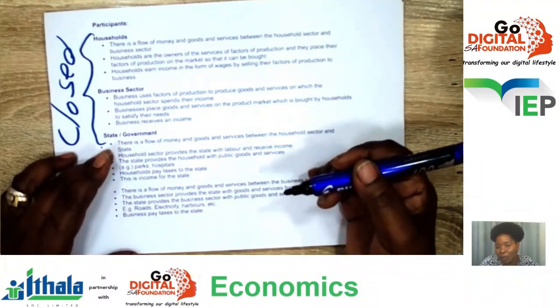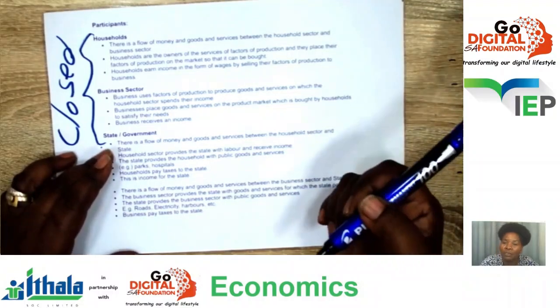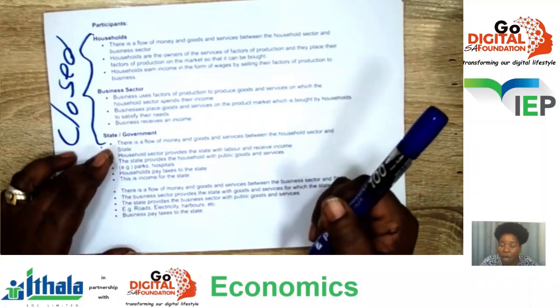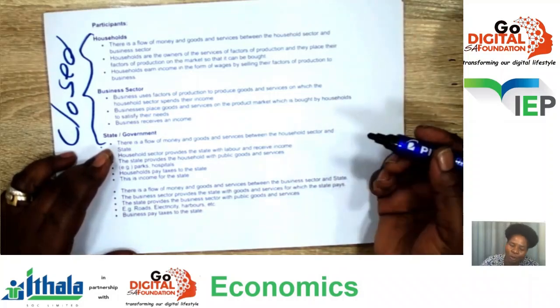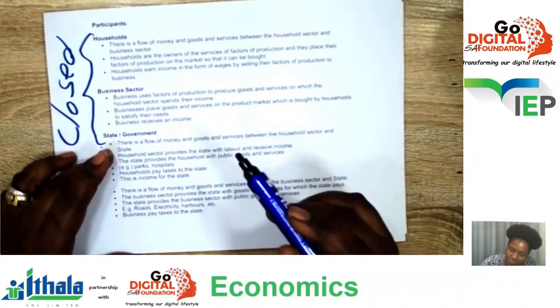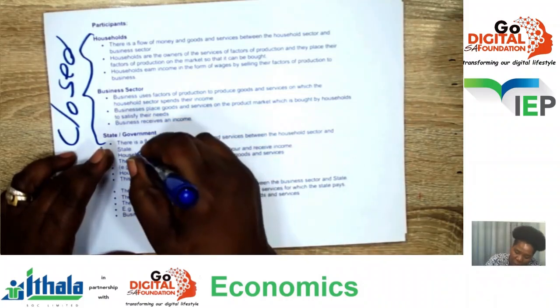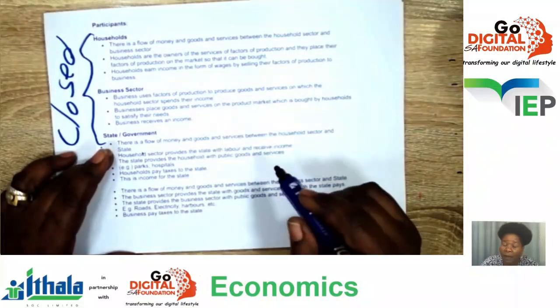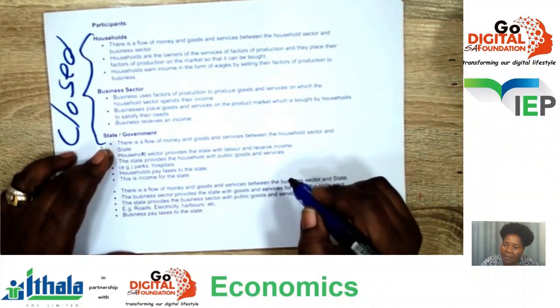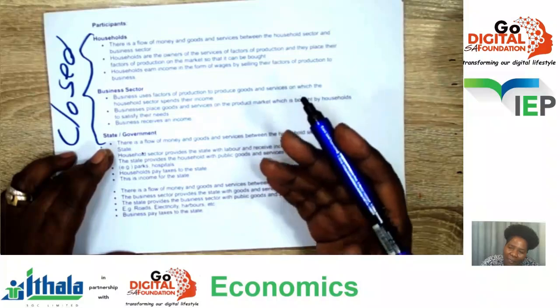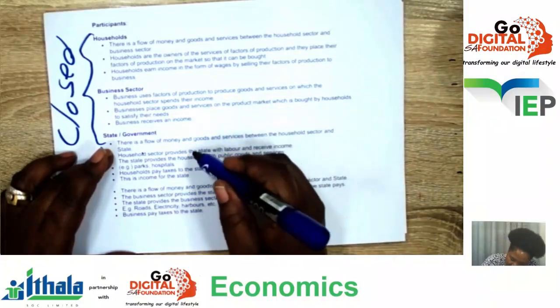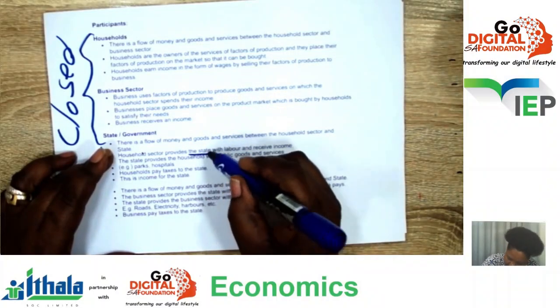Remember, I'm not employed by businesses. I am employed by the state, which means the state also has to pay me. What am I going to do with my money? I take my money home. That's my household. Then I provide goods for my family. But even before I see my money, the government takes tax.